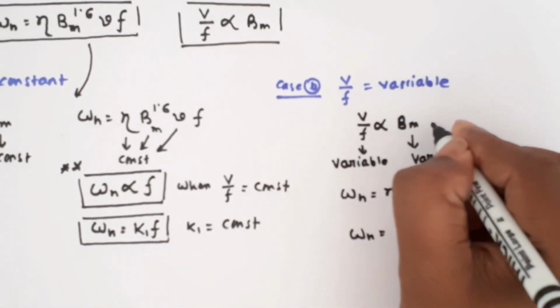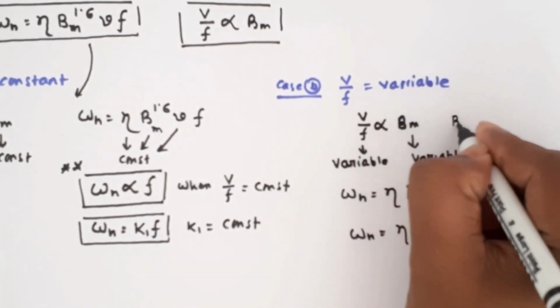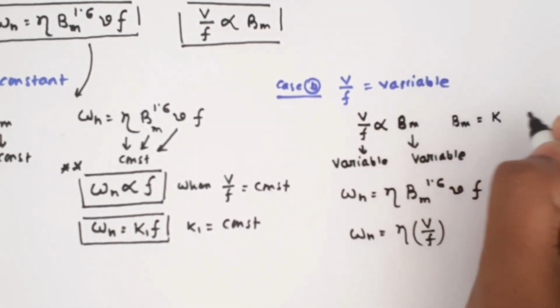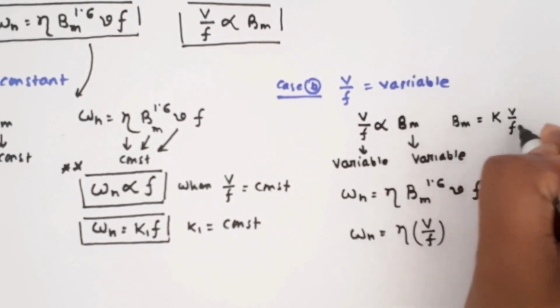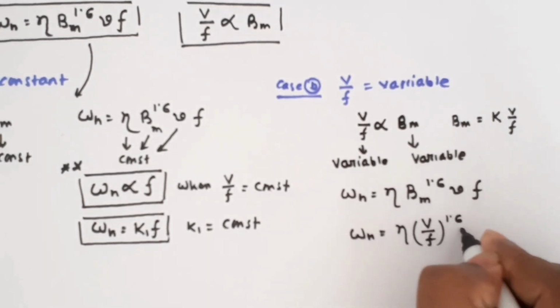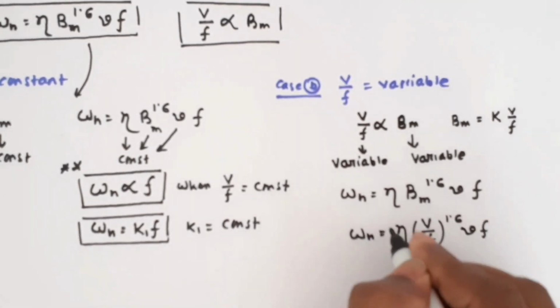since Bm is some constant K into V by F. Therefore, in place of Bm I can write V by F to the power 1.6 into volume of core into frequency.